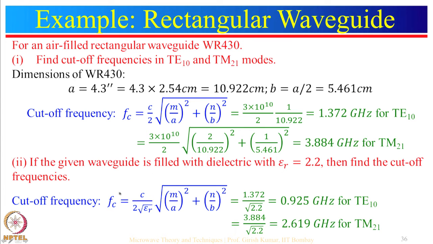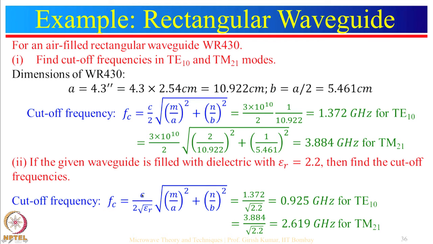Now the next question is, if the given waveguide is filled with a dielectric with epsilon r 2.2 instead of air, then what will be the cutoff frequencies for these modes? The cutoff frequency for different dielectric mediums will be c divided by 2 under root epsilon r into under root (m by A) whole square plus (n by B) whole square.